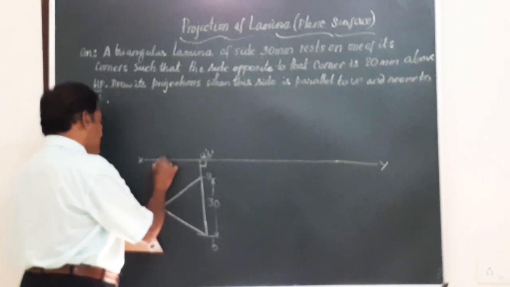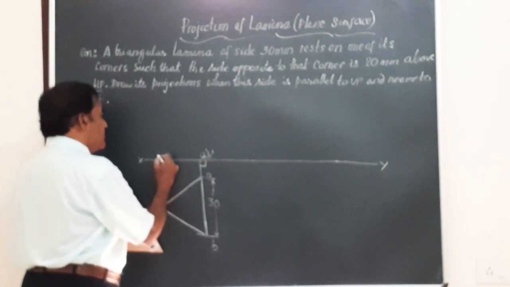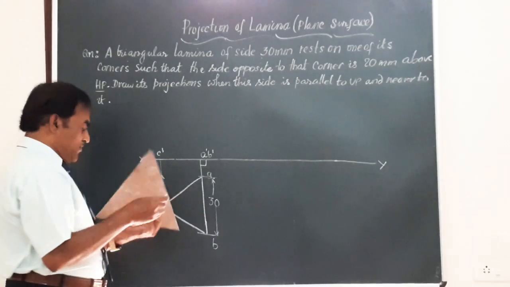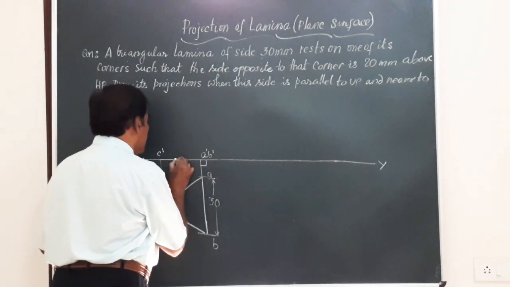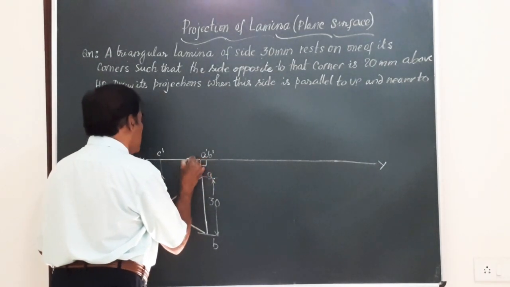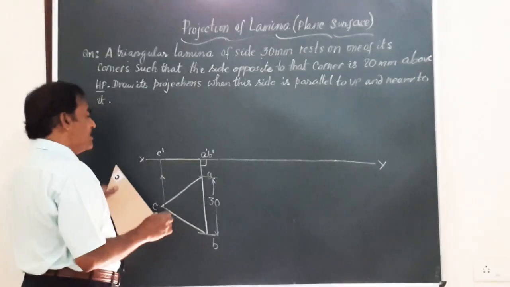So, this point, if you write a vertical from here, you get this C dash. If you join this, you will get A dash B dash C dash, and this line A dash B dash C dash is the front view of the lamina which is resting on the horizontal plane. So, I got both the front and top views of the triangular lamina.